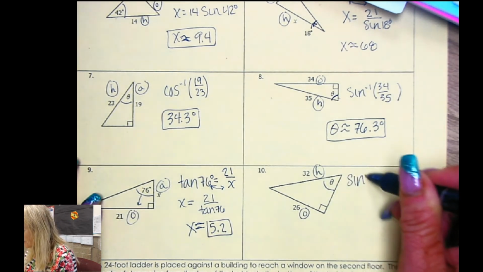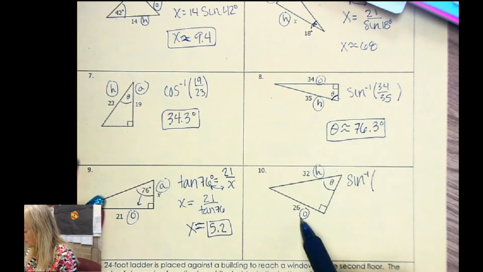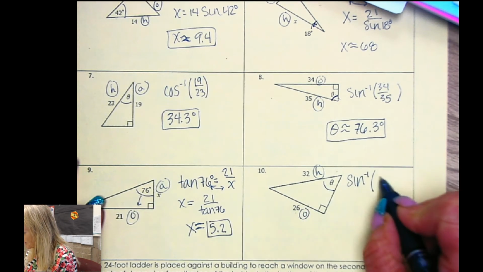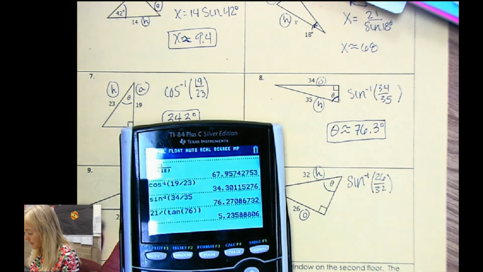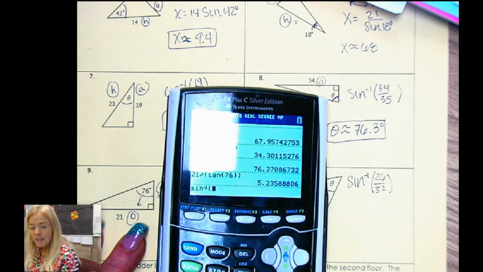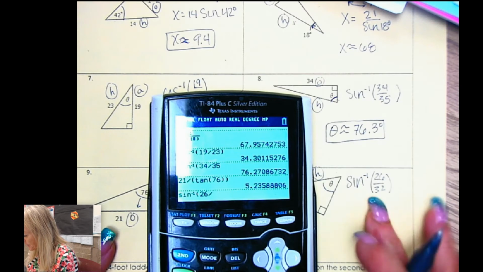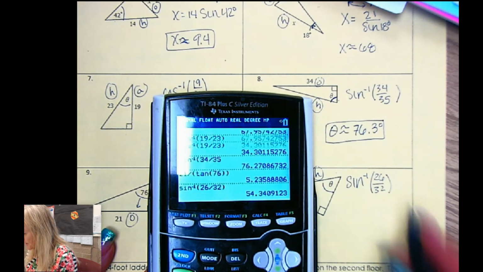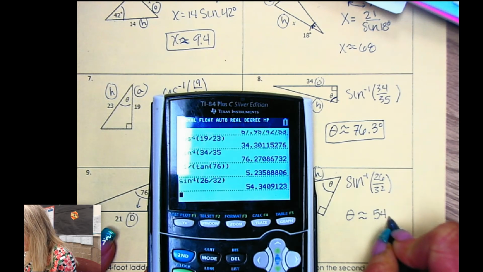That is sine, and we do sine inverse again because it's an angle we're looking for, and then the ratio, opposite to hypotenuse, 26 over 32. So do second sine. Anytime it's an angle, we do second, and then 26 divide 32, and that means theta is approximately 54.3 degrees.